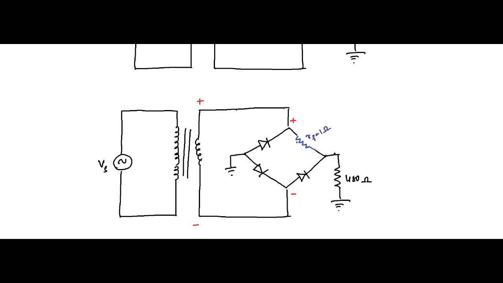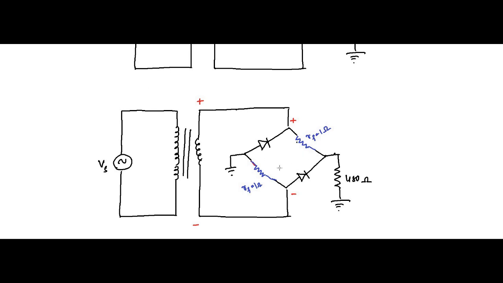And this other diode, where the negative is connected to this, will also conduct and we can replace it with its forward resistance RF, equal to 1 ohm.